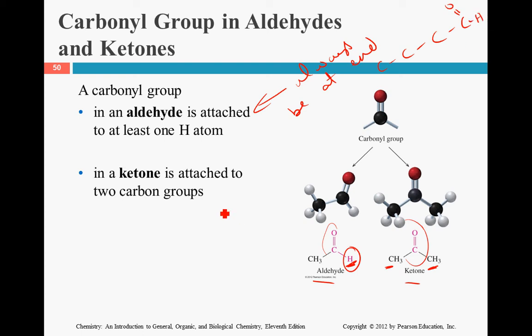If you put it in the middle, like a ketone, if you put it between carbons, there's no place on this carbon to put a hydrogen. It's already connected to two other carbons, and there's the 4 bonds, the double bond and the 2 single bonds to carbon. That's making it so ketones have to be in the middle somewhere. And aldehydes always have to be at the end.